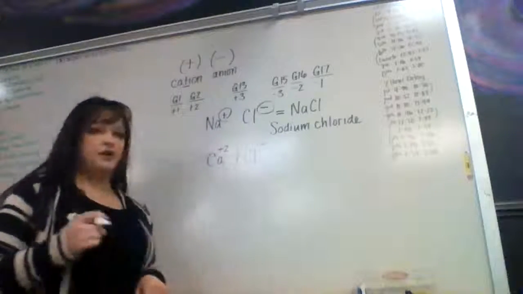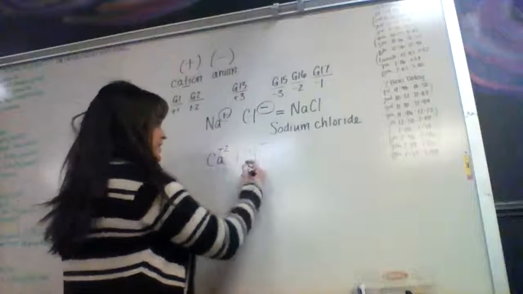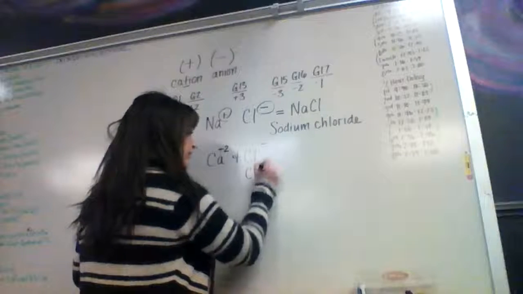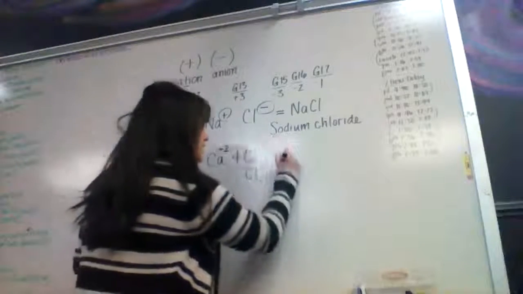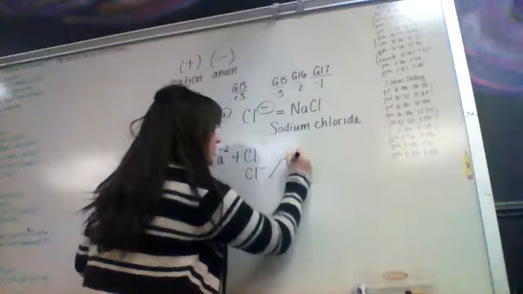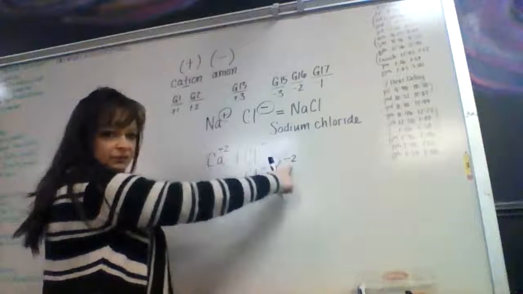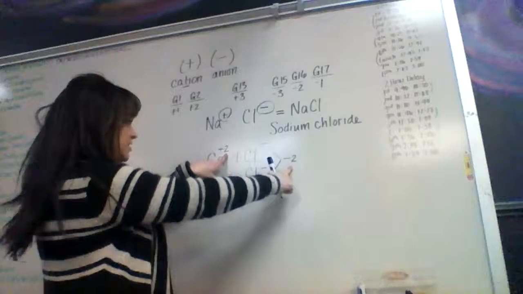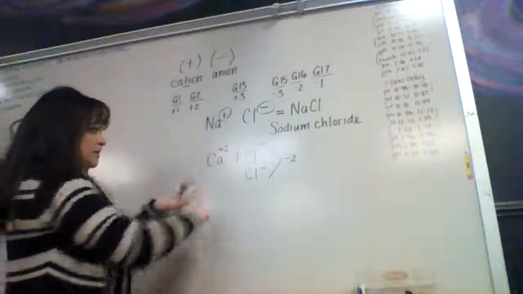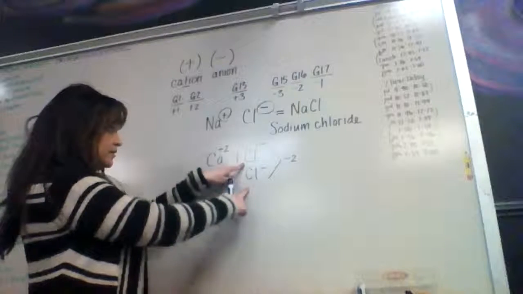The charges do not equal 0. To make this balance out, you would need another chlorine, another negative 1, to balance out this positive 2. So altogether over here now, we have 2 chlorines. They have a negative 1 charge, so we have a negative 2 charge here, which is going to balance out the positive 2 charge here. So that means that we need 1 calcium and 2 chlorines to balance out those charges.